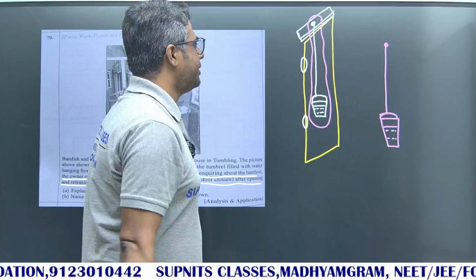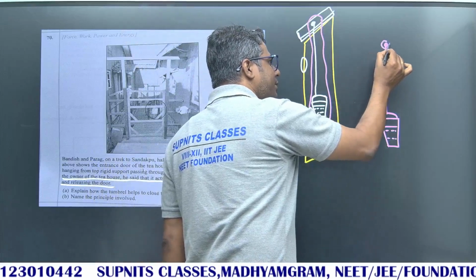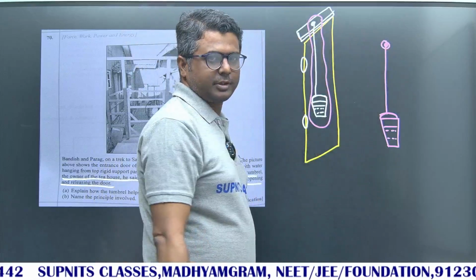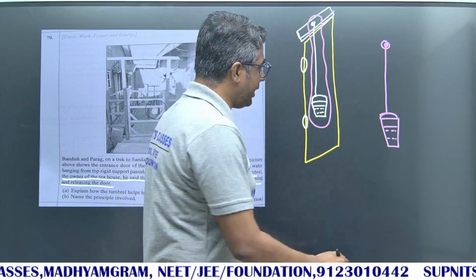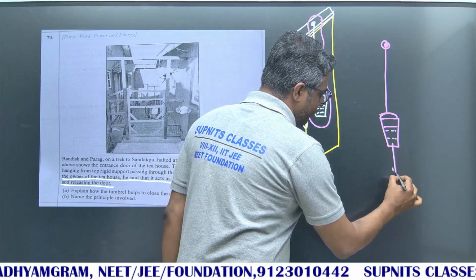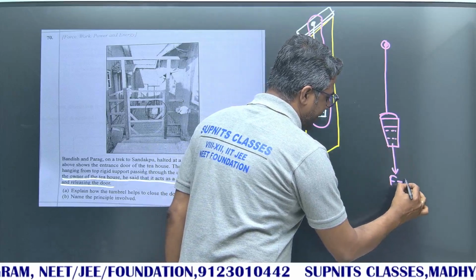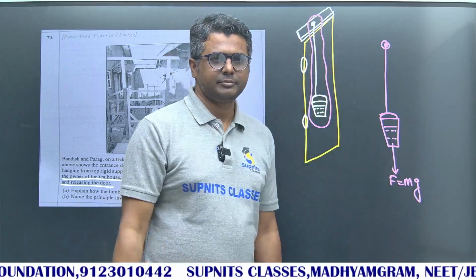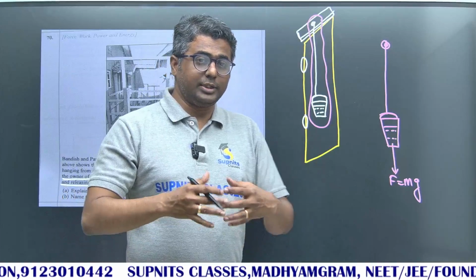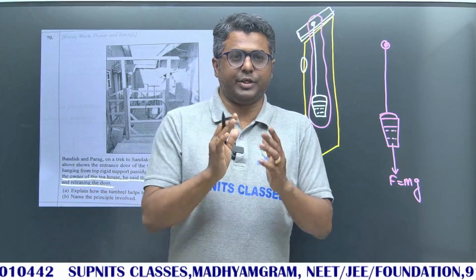Okay. So, this is the fixed point, this is the pivot, and just below the pivot the tumbler is there. The tumbler is giving a force that is nothing but force equal to mg in this direction. Now, how does this force affect this?